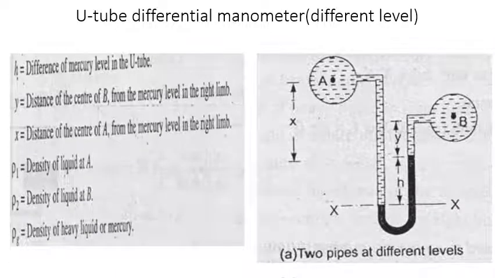Here h shows the difference of mercury level in the U-tube after connecting it to pipe A and pipe B. Y is the distance of the center of B from the mercury level in the right limb. X is the distance of the center of A from the mercury level in the right limb. Rho 1 is the density of liquid at A, rho 2 is the density of liquid at B, and rho g is the density of the heavy liquid, mercury.